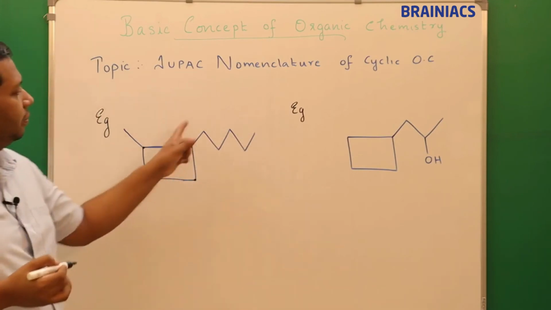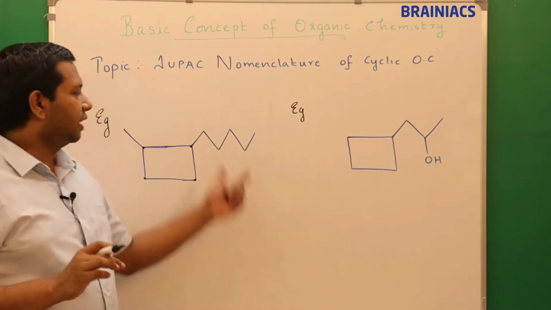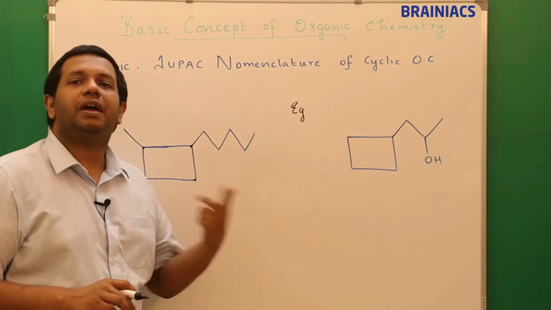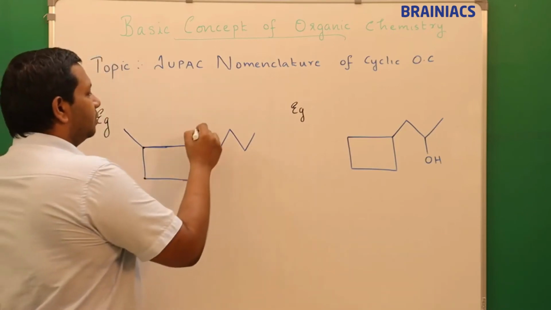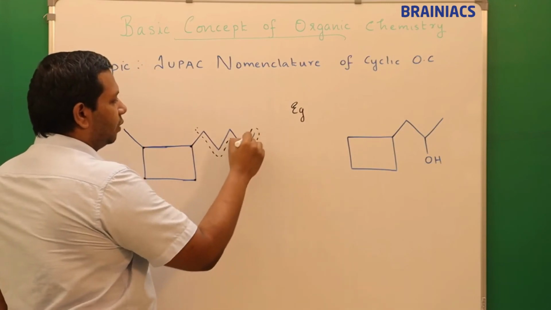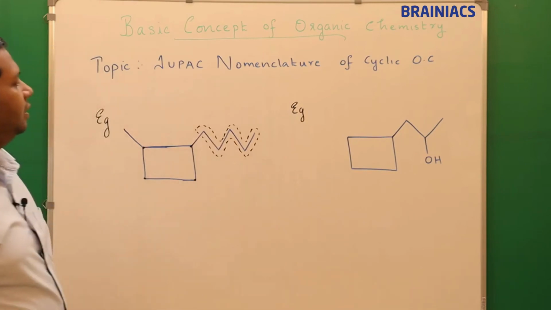So that is a 6-membered side chain and a 4-membered ring. We know that whenever the side chain has a greater length, then that should be considered as my parent carbon chain. So this is my parent carbon chain. Very, very important. Last rule. Please go through that.